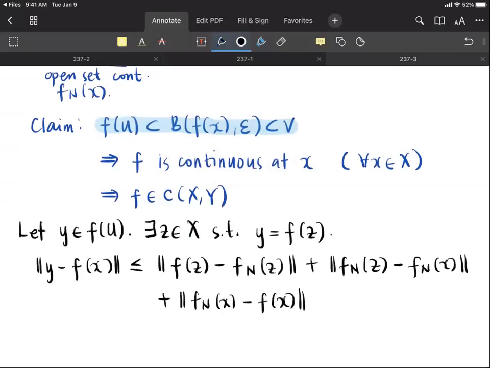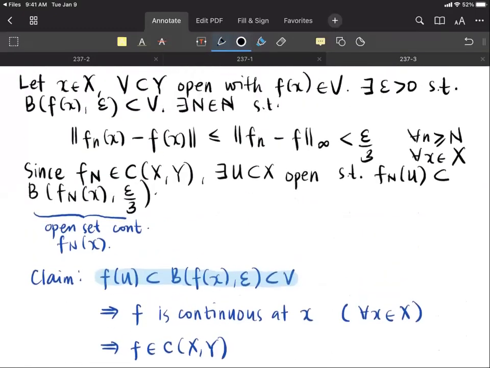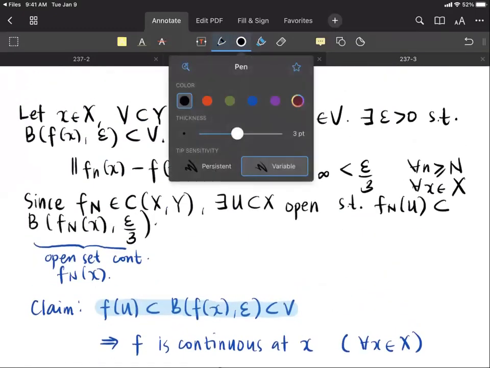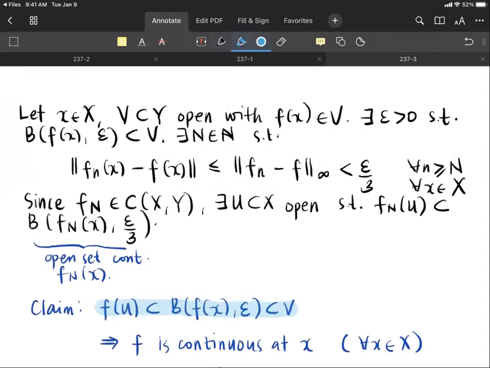Okay. Now, let us consider this inequality here, in particular this one, and let us name this as star.